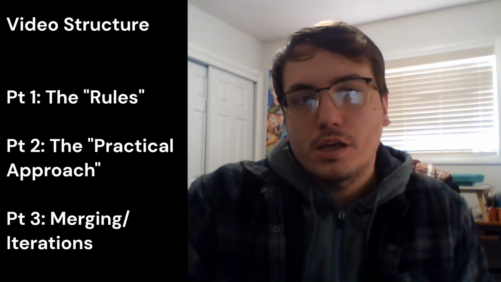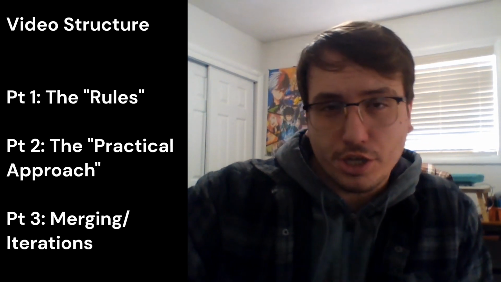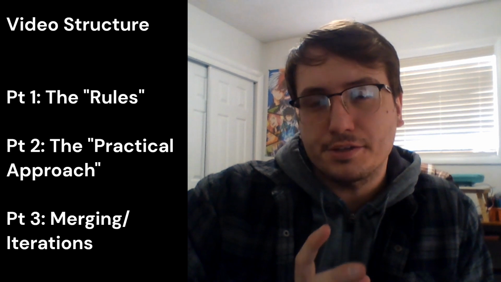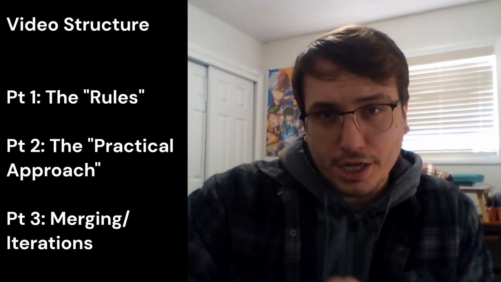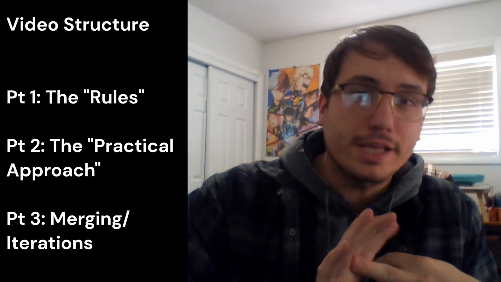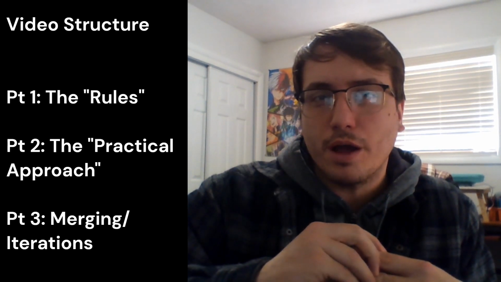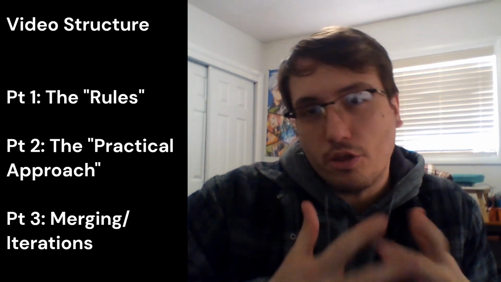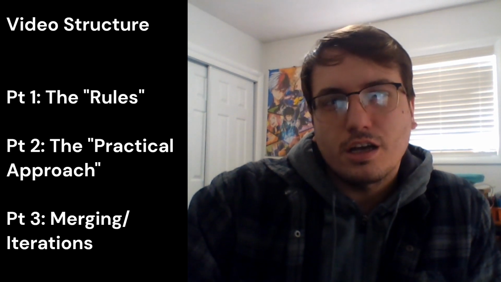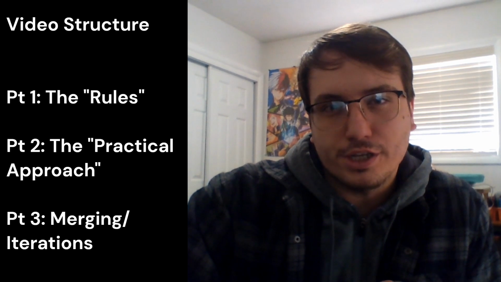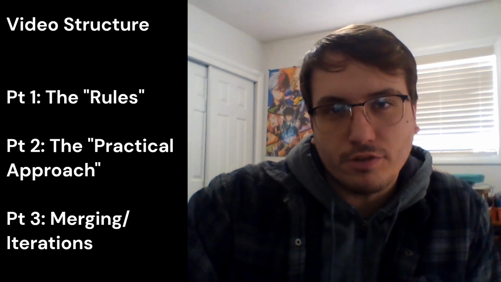So for this video, we've got 3 sections that we're going to go through. Section 1, I'm going to be teaching you the rules of character design, specifically what we call color psychology and shape language and silhouettes. Section 2 of this video, I'm going to be demonstrating to you what I call the practical approach, where we're going to put the rules that we've learned aside and use our creative vision as artists to put together a rough draft of our characters.